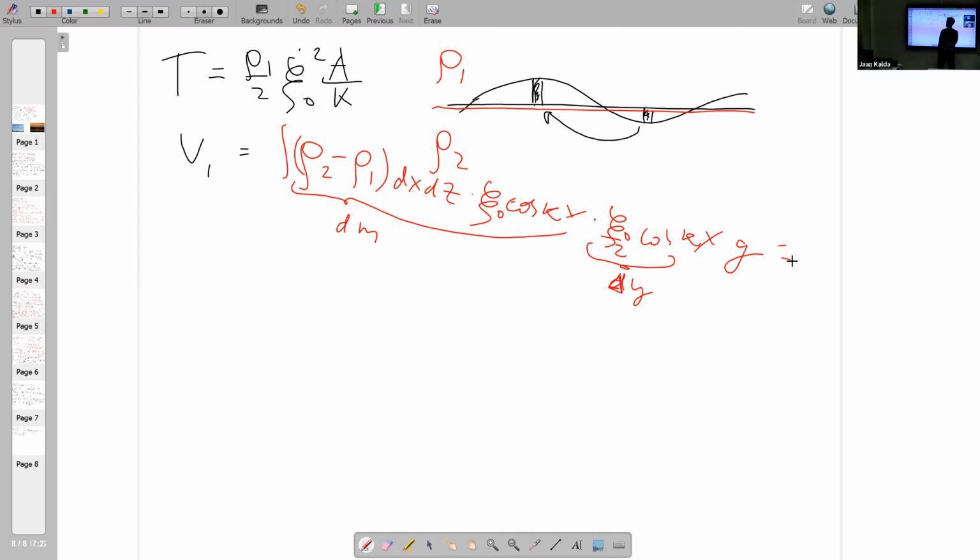And dx dz gives us again the area. So it will be the area multiplied by rho 2 minus rho 1, and xi naught squared, and divided by 2. And cosine square kx gives us another 1/2. So altogether divided by 4, and g, and yeah, that's it, I think.